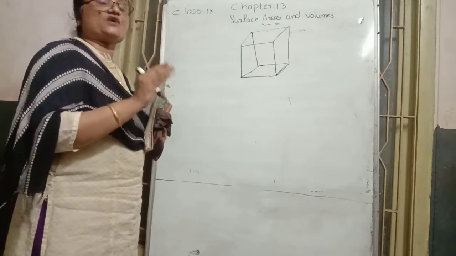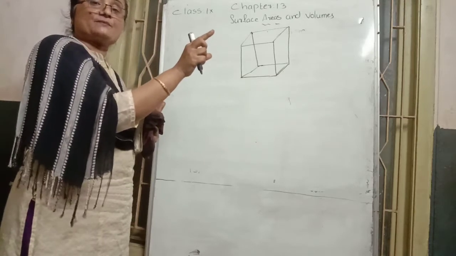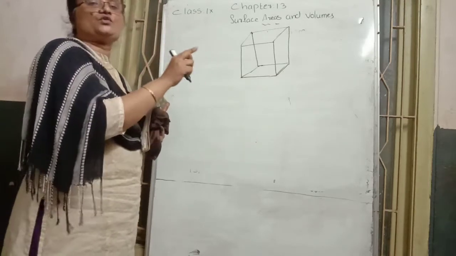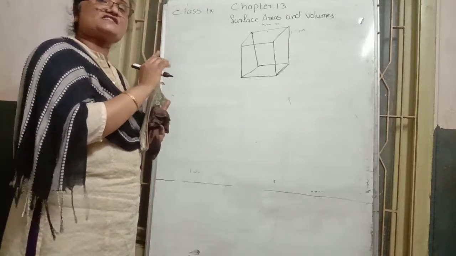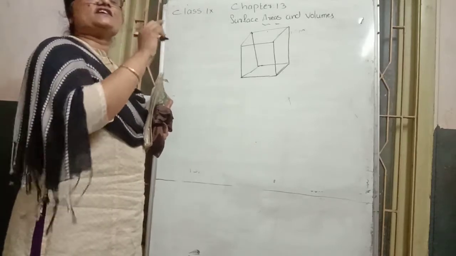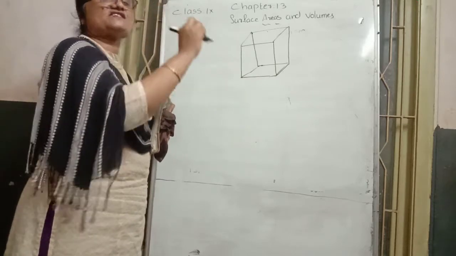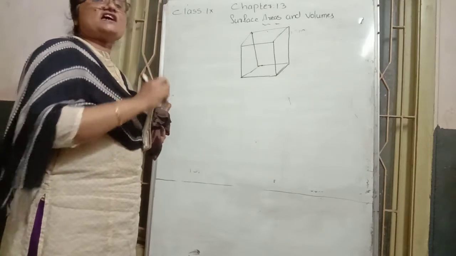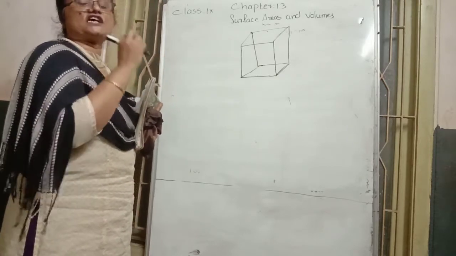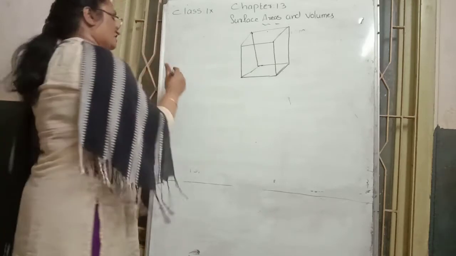That's why the 4 walls represent the LSA of a cuboid, plus the top is also covered with tarpaulin. The top is a rectangle, so the area of a rectangle. Adding both, we get the area of tarpaulin needed for making the shelter.